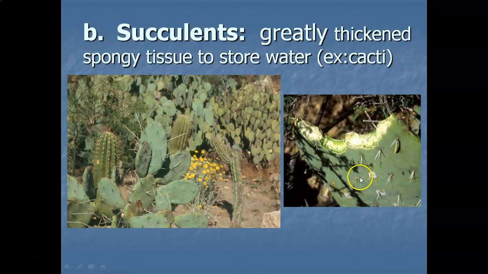And so a lot of the animals that live in the desert like to chew and eat these plants and get water from them. It's another adaptation, since the animals like to eat the fleshy tissue.